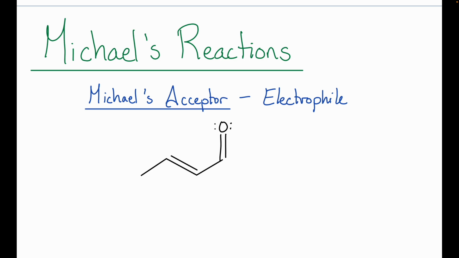All right, these are called alpha-beta unsaturated ketones or aldehydes. Or the more slang term would be an enone.